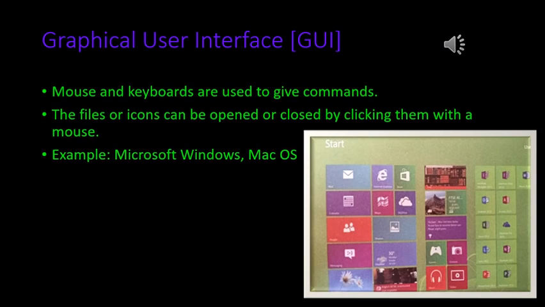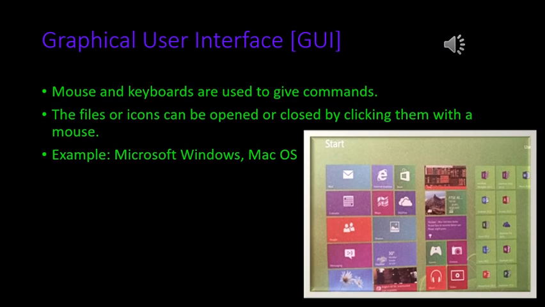We learned that in a CUI operating system, you type commands for the computer and we need to remember the commands. But here, no need to remember the commands. Various tasks can be done by just clicking a mouse. GUI operating system is also known as mouse-based operating system.